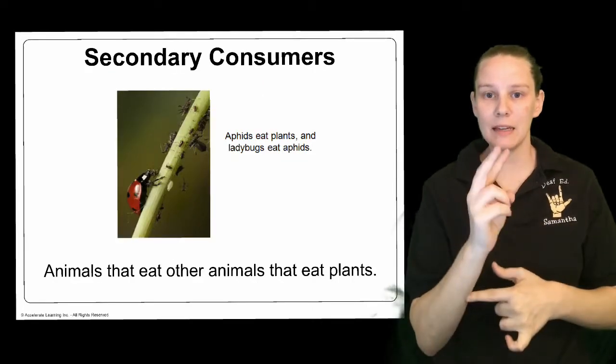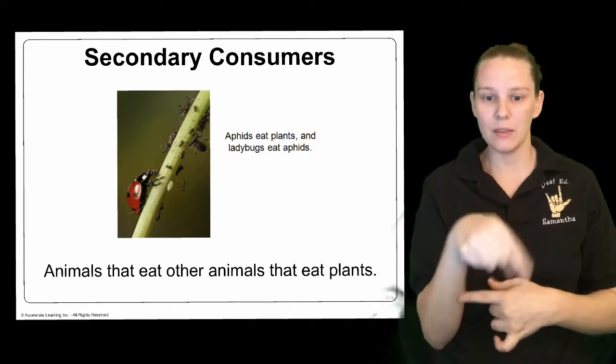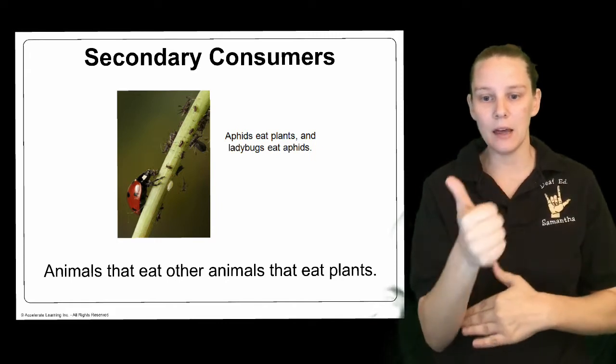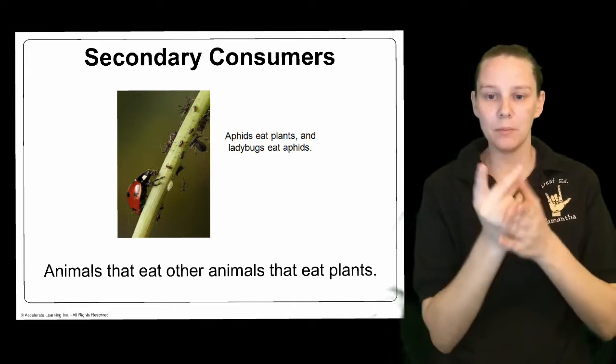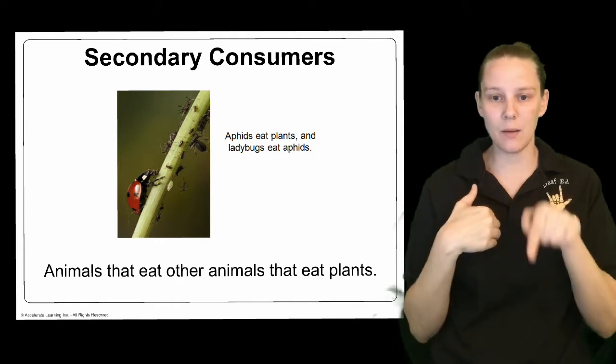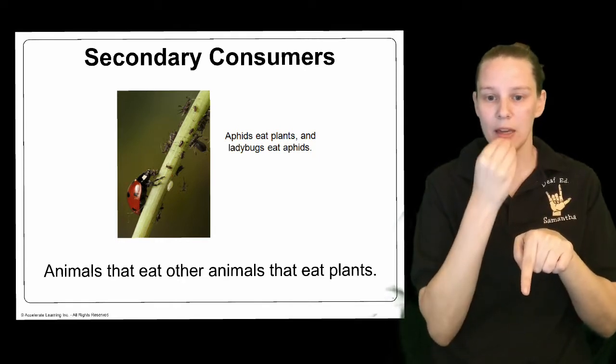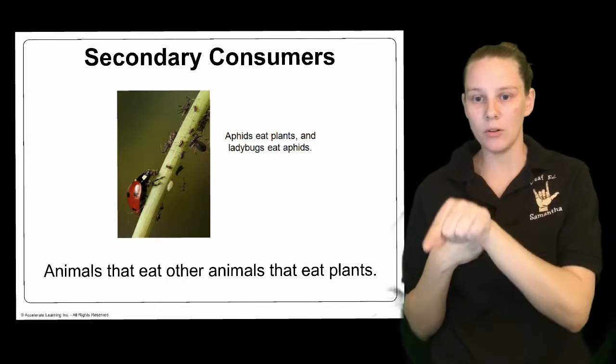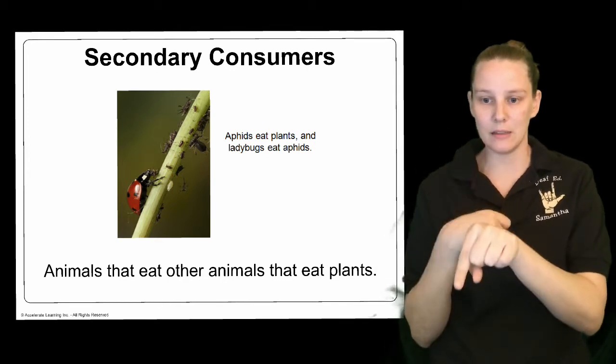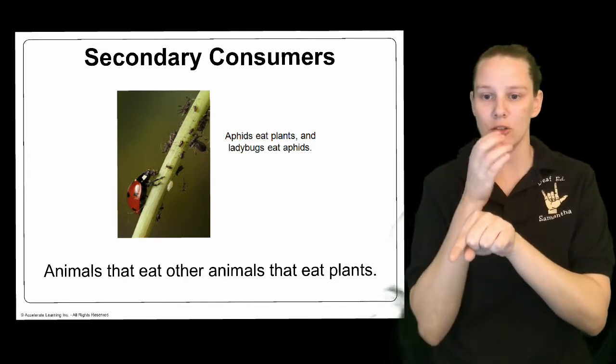Then we have a secondary consumer. These are animals that eat other animals that eat plants. So you have the animal, the secondary consumer, and they're eating the animal that eats the plant, the primary consumer.